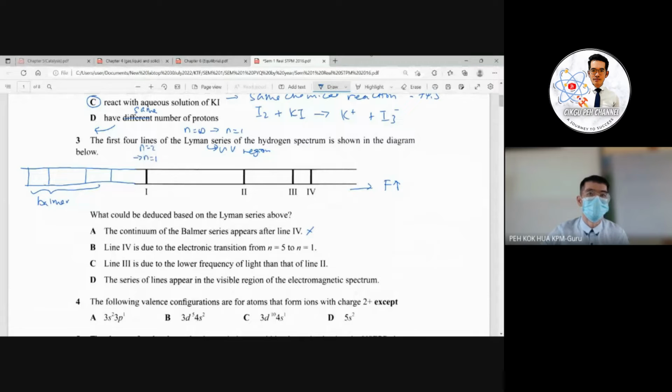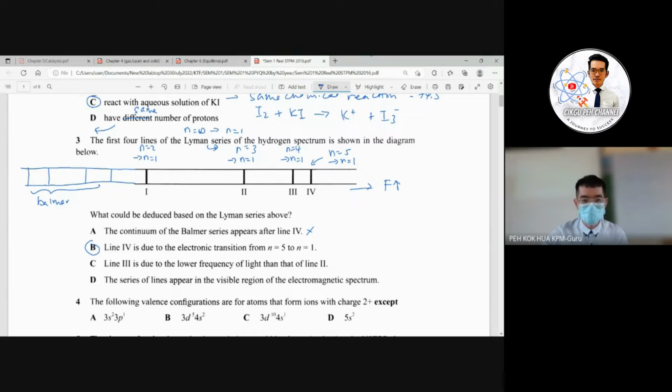This one will be n equal to 3 to n equal to 1, then here n equal to 4 to n equal to 1. This line will be n equal to 5 to n equal to 1. So answer B is correct already.